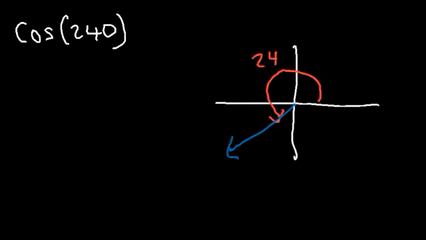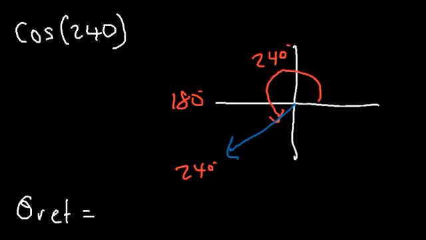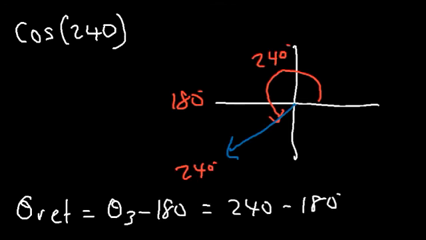So that's 240 degrees. And this is 180. So keep in mind the reference angle in quadrant 3 is equal to the quadrant 3 angle minus 180. So it's 240 minus 180, which is 60. So this angle inside the triangle is 60 degrees.